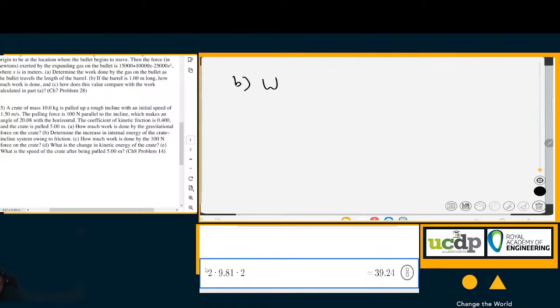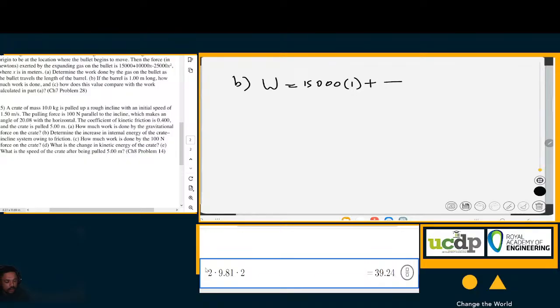This is the formula that we integrated. It is 15,000 times x, and where x is, you plug in 1 meter.